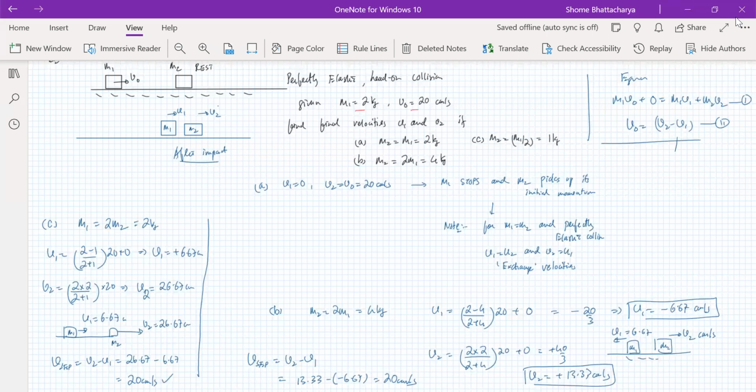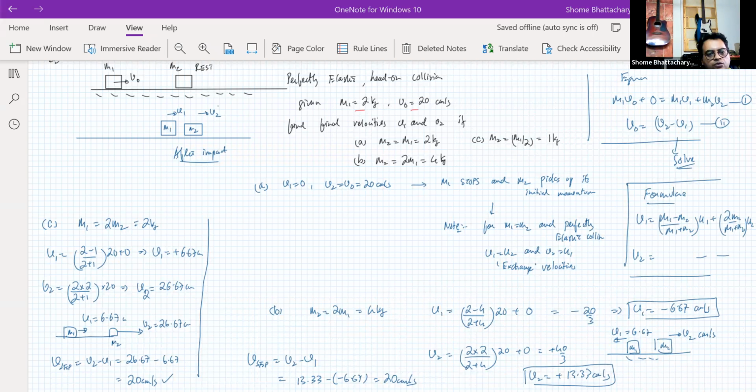So you can also solve these, or you can go with the formula-based approach, which I have done. So whichever approach you go with.